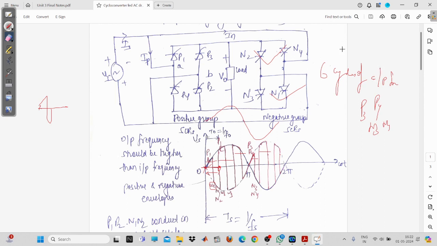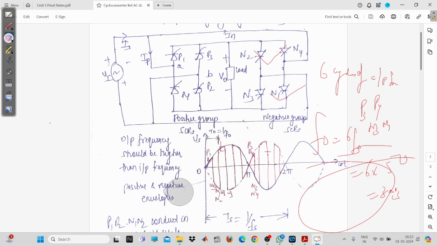So the output frequency F0 will be equal to 6 times Fs. Fine. So in this way, you can step up the frequency. And if the supply frequency is 50 hertz, because we are living in India, around 300 hertz you can obtain by using this step up cycloconverter.